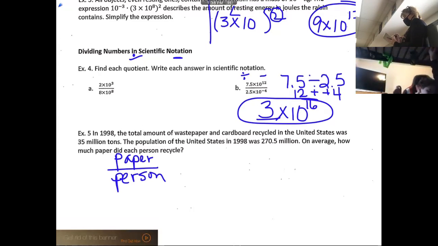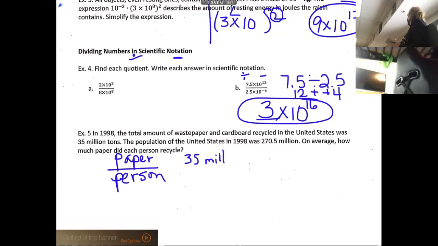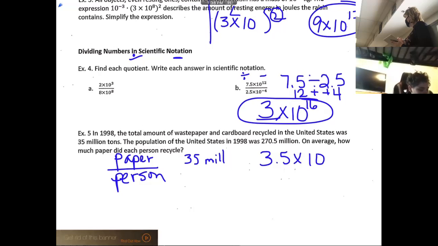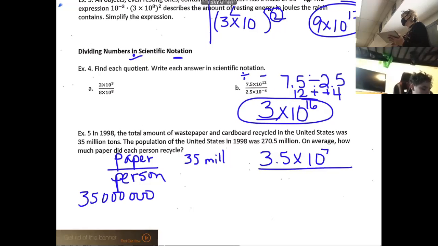Okay, so 35 million is what as a scientific notation number? Isabel, do you know what 35 million looks like in scientific notation? I always have to write it out. I think it's 7. Okay, so we have 3.5 times 10 to the 7th.